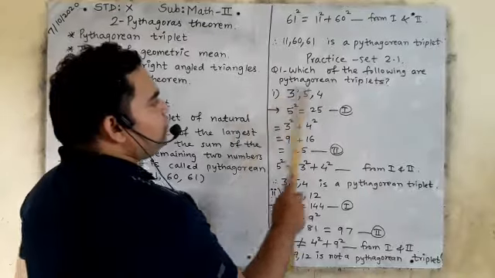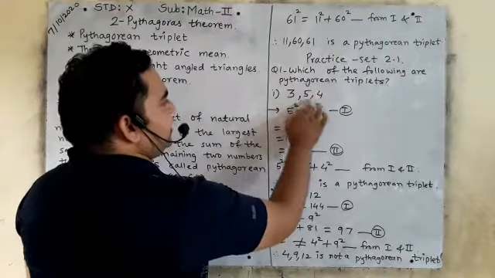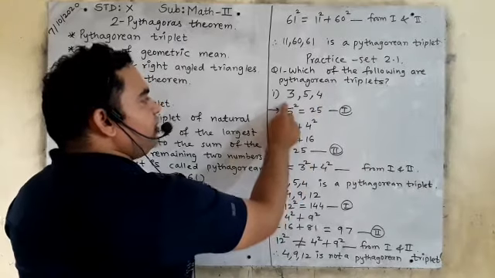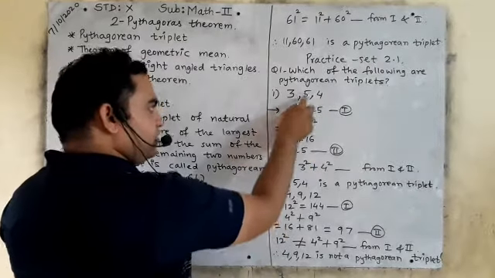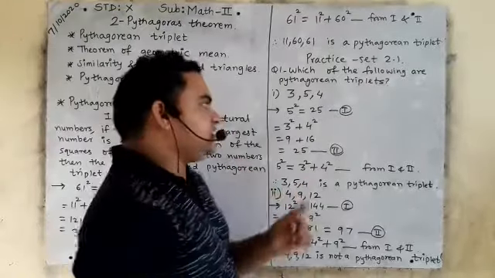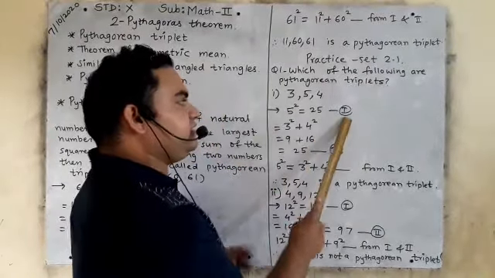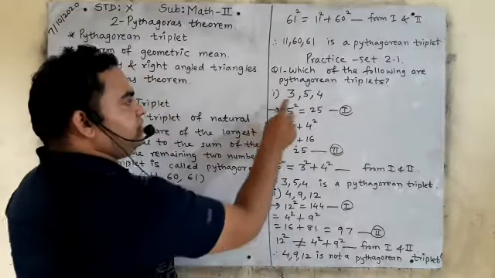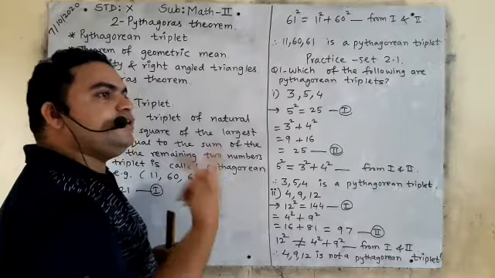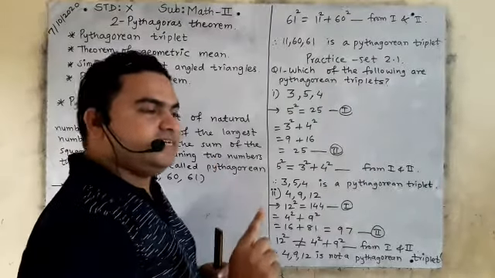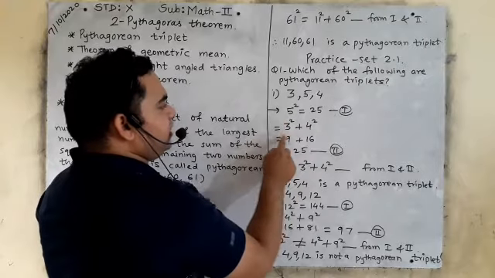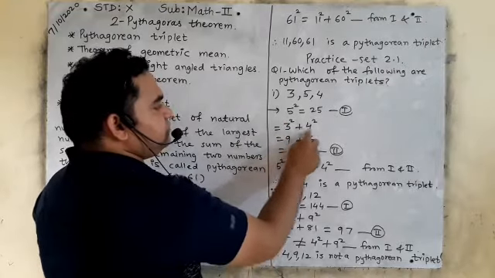See, 3, 5, 4. These three natural numbers, which is the largest? 5. Square of 5 is 25. We have to write first the square of the largest number, that is 5 square, 25, first answer. Which two numbers remain? 3 and 4. So we will write the sum of the squares of the two remaining numbers, that is 3 square plus 4 square. 3 square is 9 plus 4 square is 16.